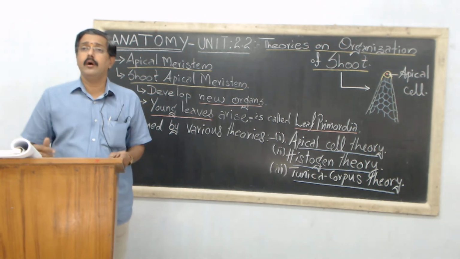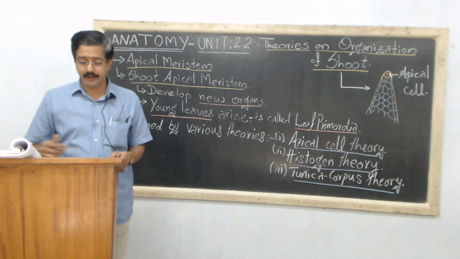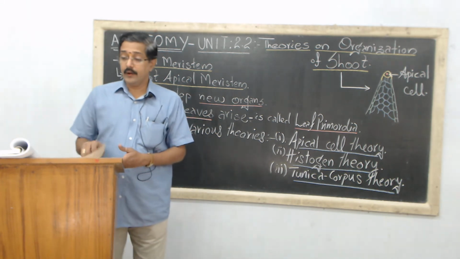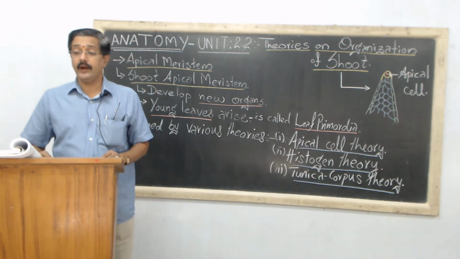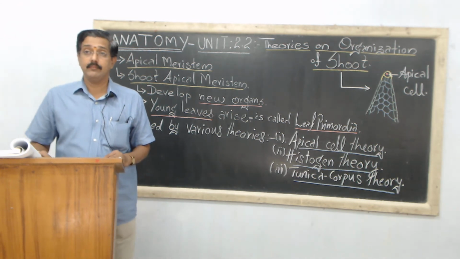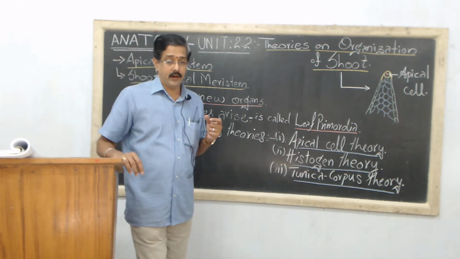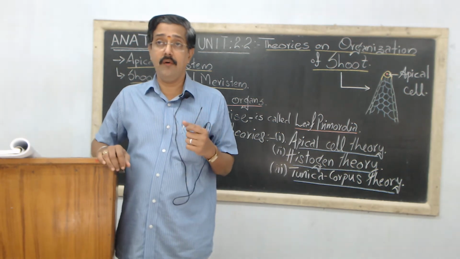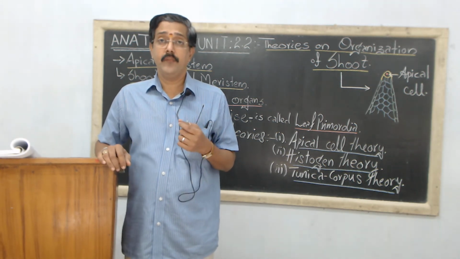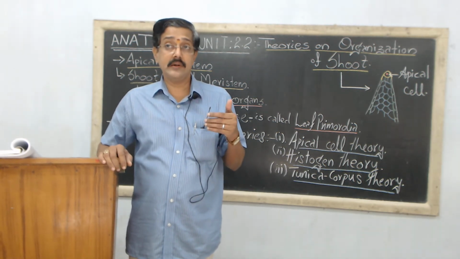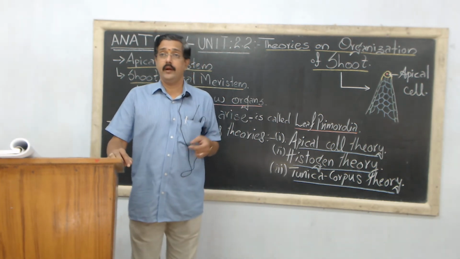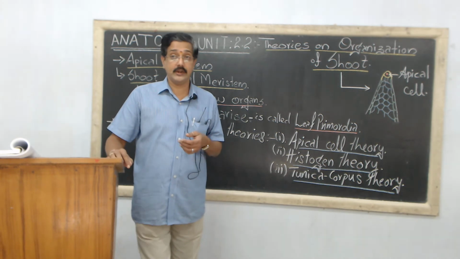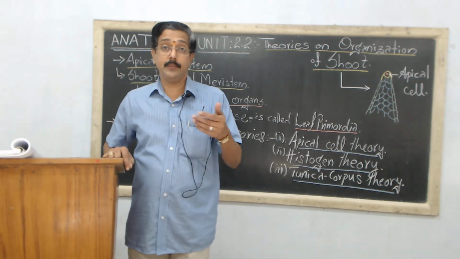All are concerned with these theories. In the classification of meristem, we heard about apical meristem, and there it indicates that the shoot, epidermal system, cortical system and the vascular system are differentiated from the meristematic tissue.